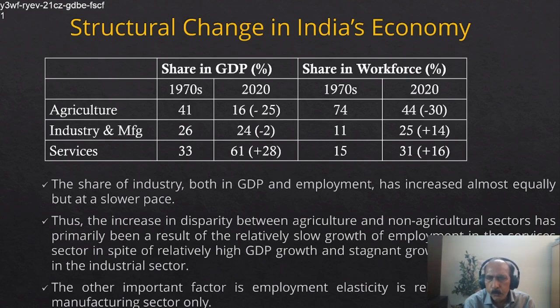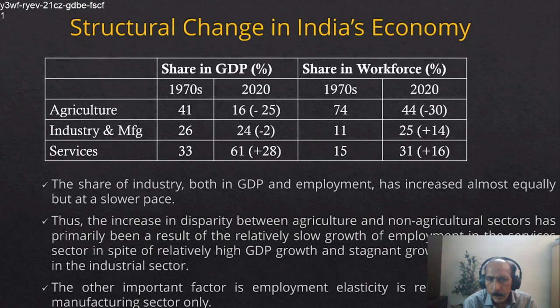It means that the 44% of the working population engaged in agriculture is producing only 16% of the GDP, which implicitly implies that the productivity of labor in the agriculture sector is very, very low. 44% producing 16% of GDP, meaning that the productivity of factors of production, particularly of labor, is very low in agriculture.